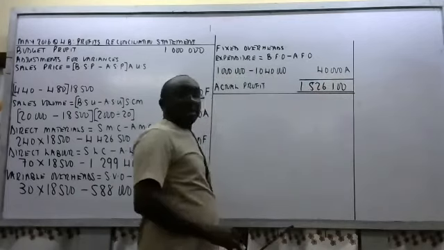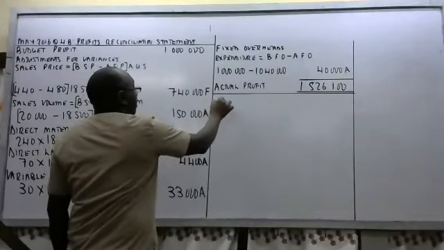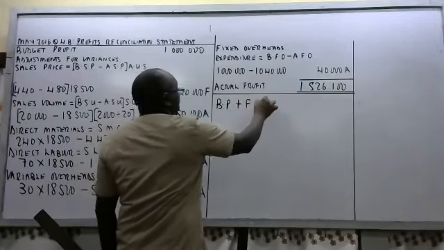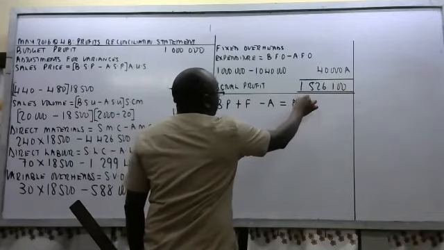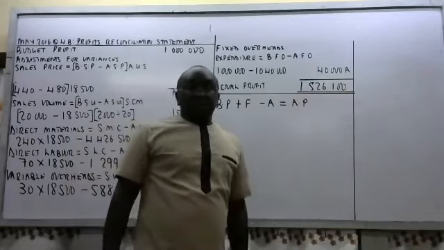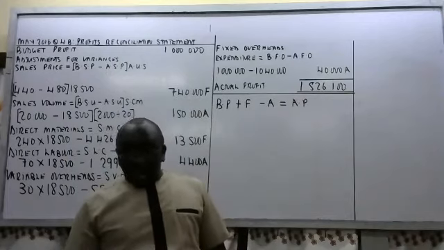Good. So you can reconcile that. I told you, you take budget profit, you add the favorables, you less the adverse, you check whether it goes to the actual profit.